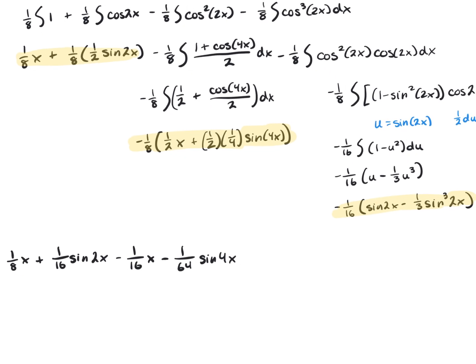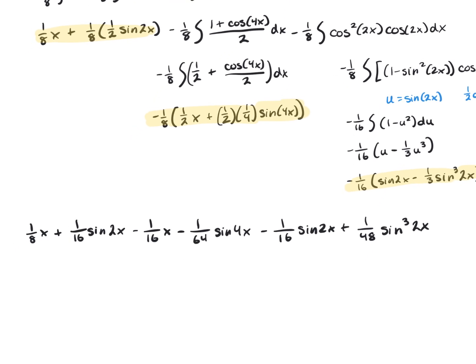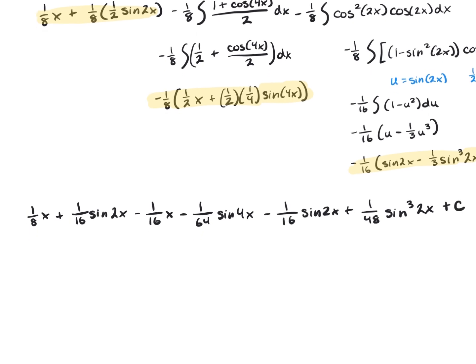And then my last portion gives us minus 1/16 sine of 2x plus 1/48 sine cubed of 2x. And then I'm going to add in my constant of integration. So don't forget that at the very end. And then here I can start combining like terms.